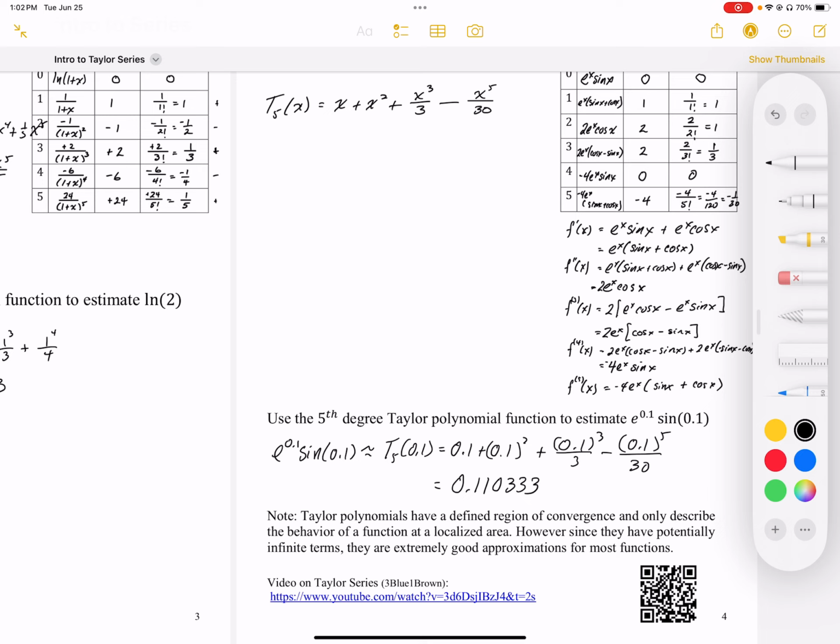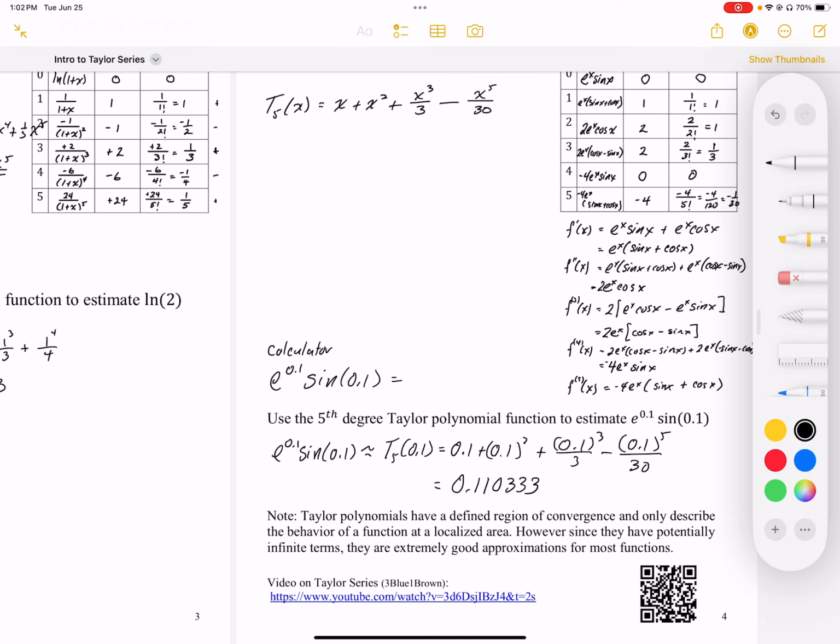And I'm going to end up with 0.110333. Okay, and what I can compare that to is the actual value from my calculator, e to the 0.1 sine of 0.1.